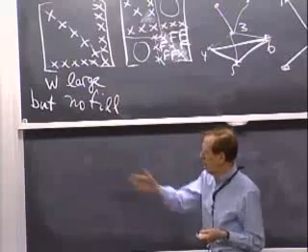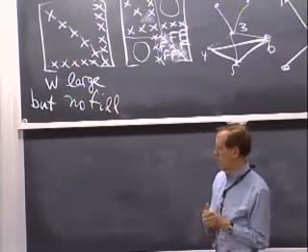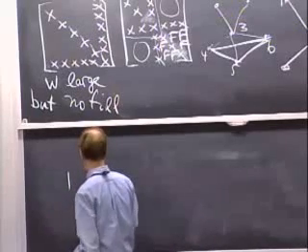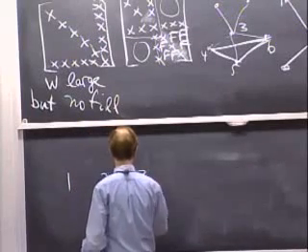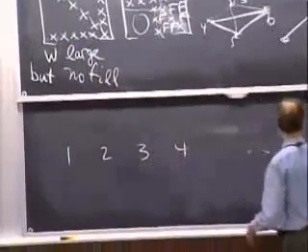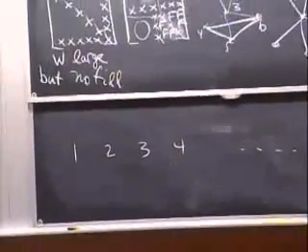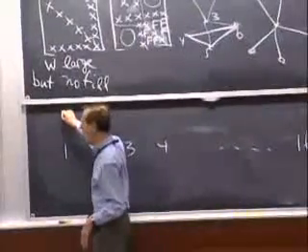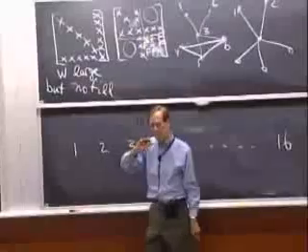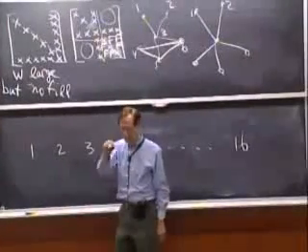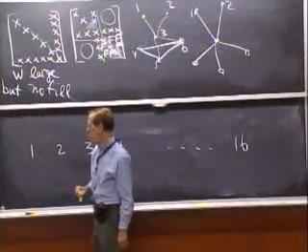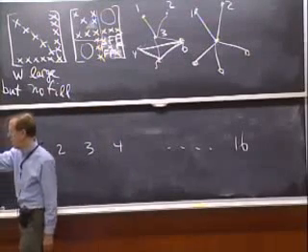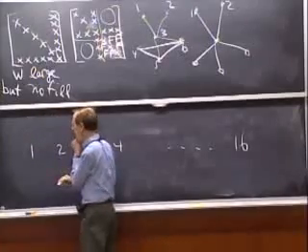Okay, so how would anybody reasonably write down the original list? I have the node numbers 1, 2, 3, 4 up to 16. Those are the node numbers. And now with node 1, this corresponds to row 1 of the matrix. So I list all the nodes that are connected to node 1. Well, node 1 itself, I don't know whether to put that in or not.